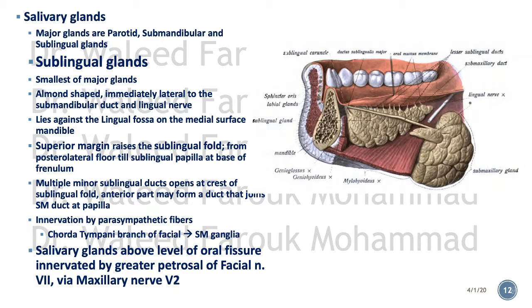All salivary glands above the level of the oral fissure are supplied parasympathetic by the facial nerve, the greater petrosal part, while below the oral fissure by the chorda tympani branch. Now, this does not include the side gland, which is the parotid. The parotid is supplied parasympathetic by the ninth, the glossopharyngeal nerve. We will study this in the face and parotid.